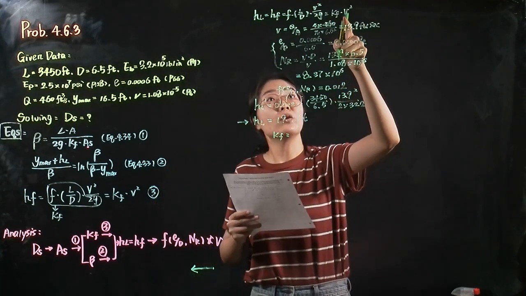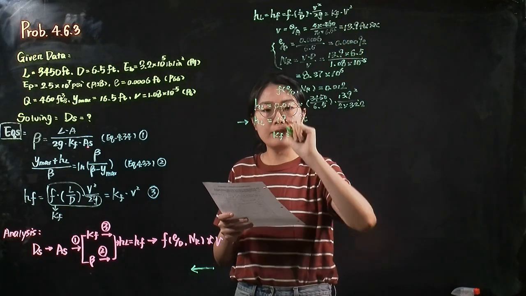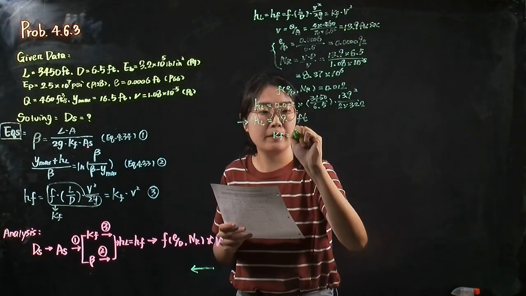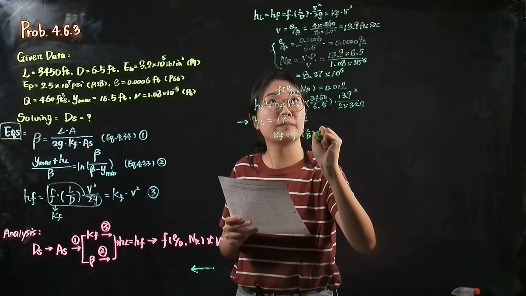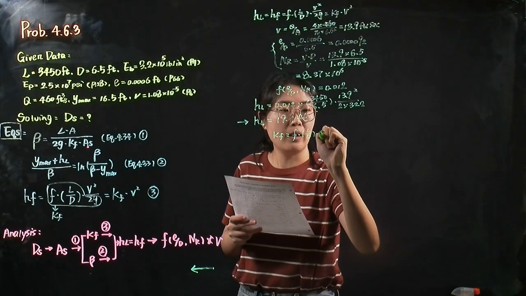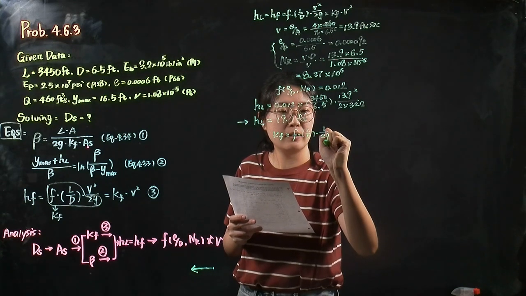Based on this equation, K sub F equals f times L over D times 1 over 2g.